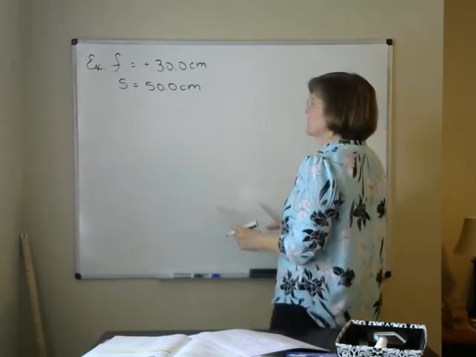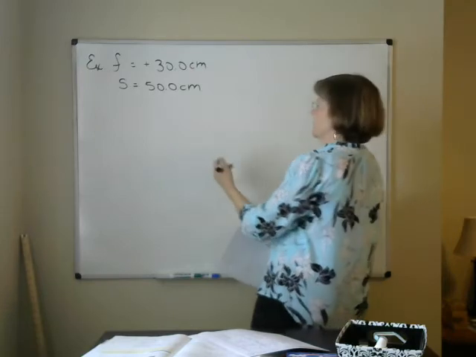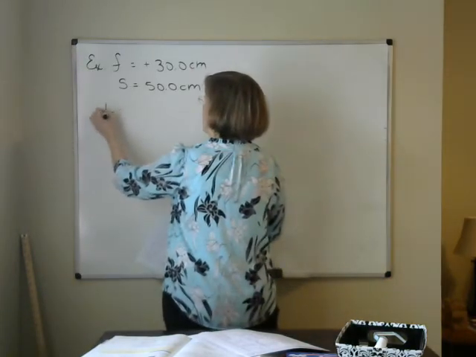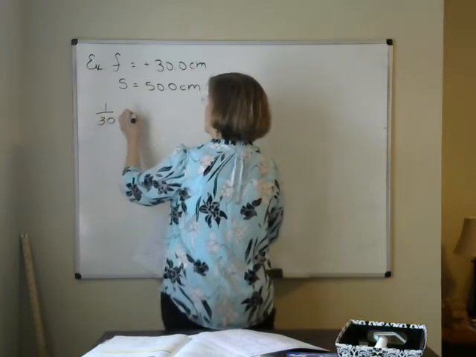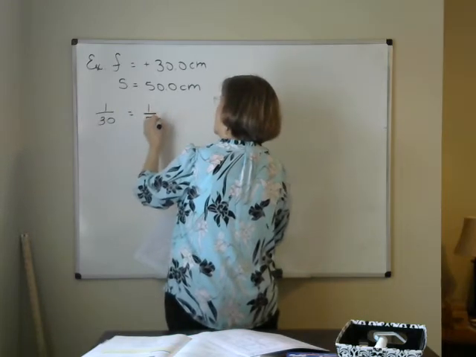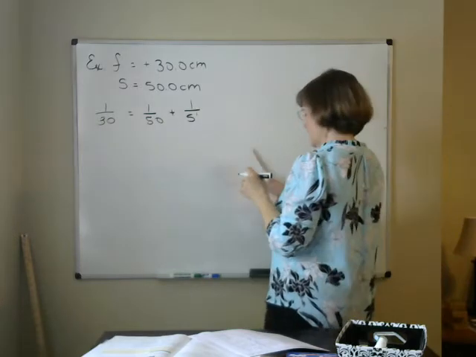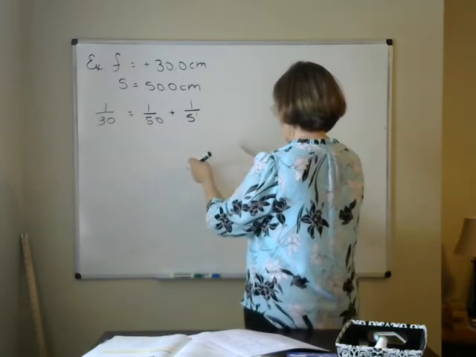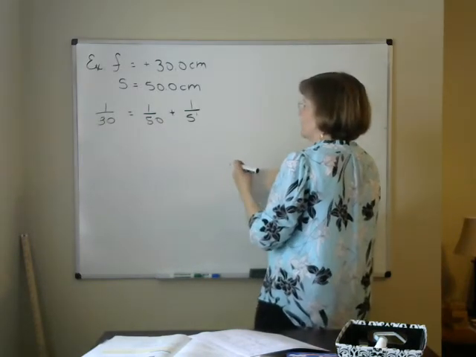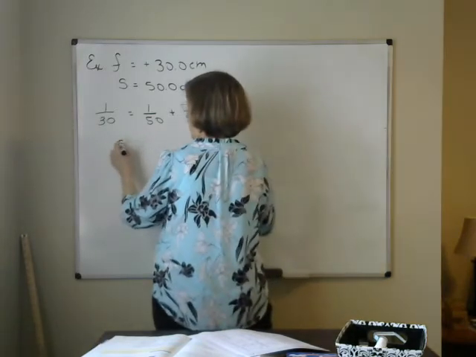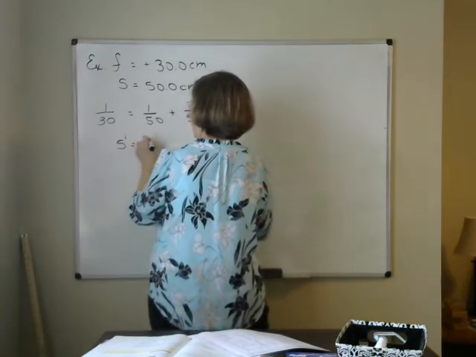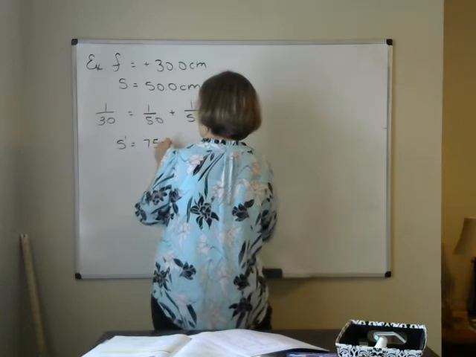We can also find what the magnification would be. So 1 over 30 has to equal 1 over 50 plus 1 over s prime. I'm not going to go through the algebra, but you're capable of doing it. And when you get finished, you're going to find out that s prime is a positive 75 centimeters.